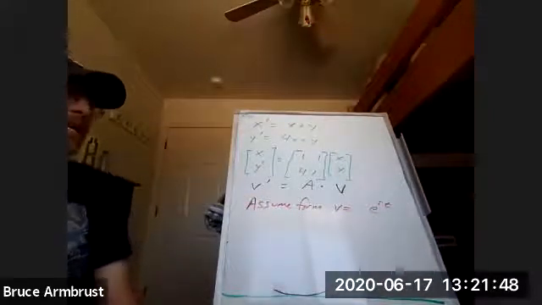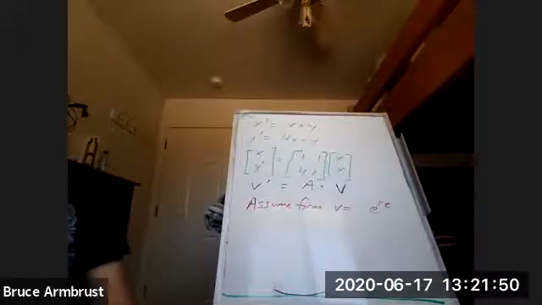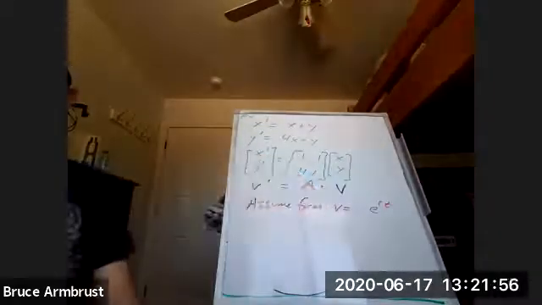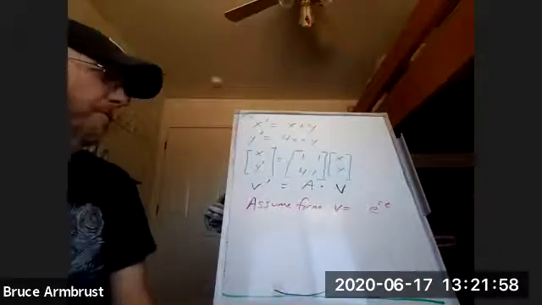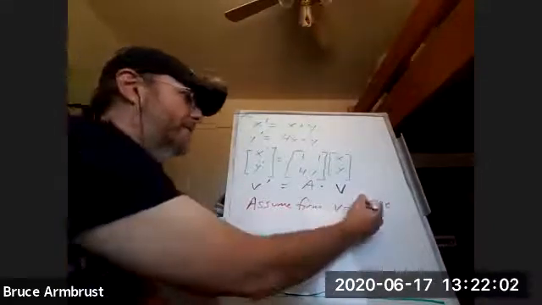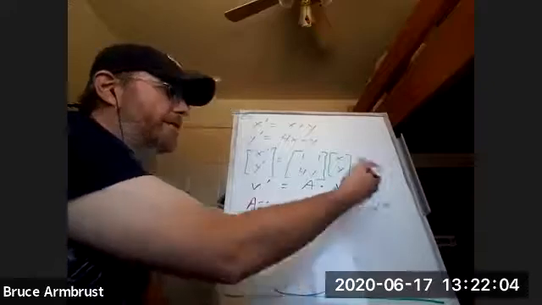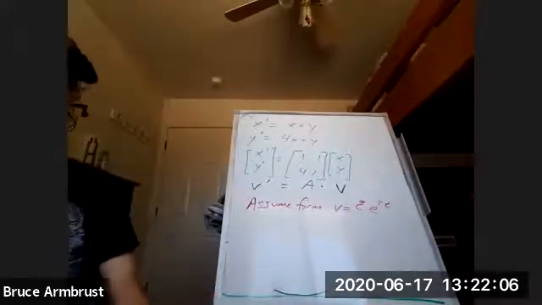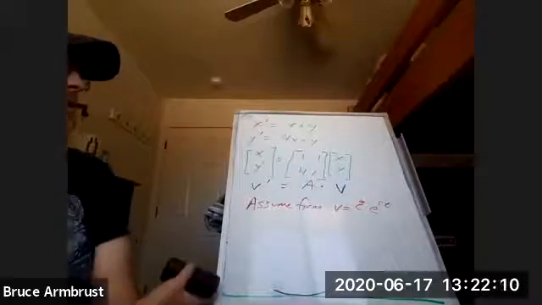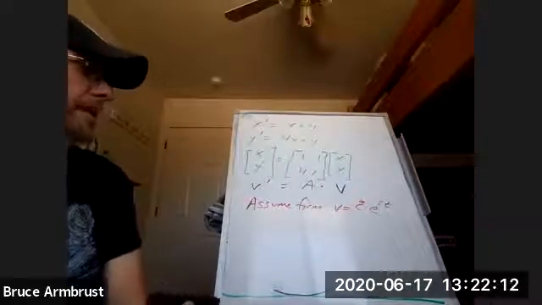But it can't just be e to the RT, because this is a vector, right? So let's just go with some generic vector times it. So we'll say that it's actually like the vector C times e to the RT. And let's see what this is going to force our R to be.